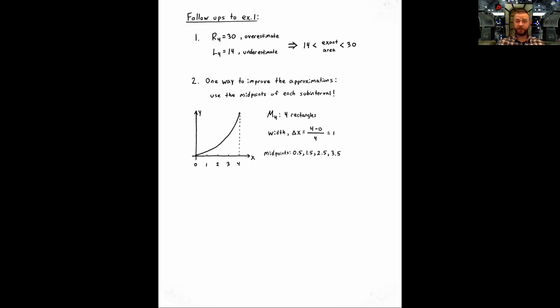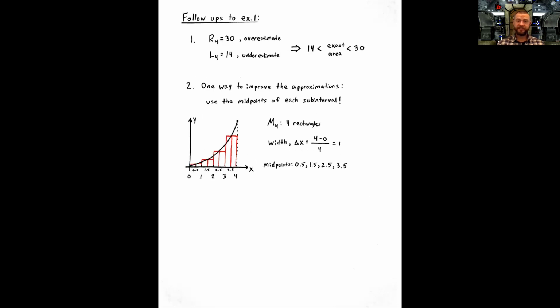Now, if we visualize what the midpoint approximation looks like with 4 rectangles, you'll see that this should be very accurate, since there is a little portion of the rectangle that hangs over, which is almost balanced in size by the amount that is left underneath the graph and between that rectangle. So it's kind of both a little too big and too small at the same time, which balances out, making this pretty much just right.